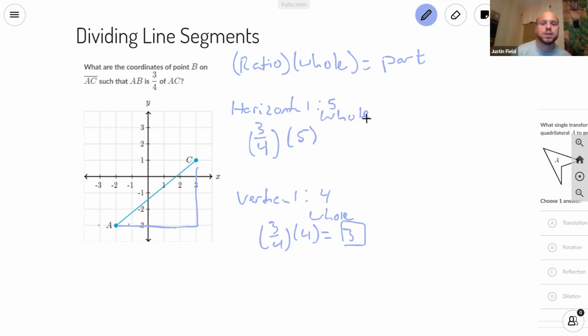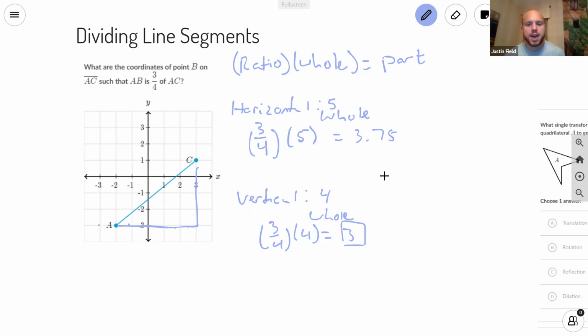Now the horizontal distance, 3/4, is going to be 15 over 4. 15 over 4 is 3.75. Is that right? Okay, so then we just say, we know that we would have to move over 3.75 and up 3.